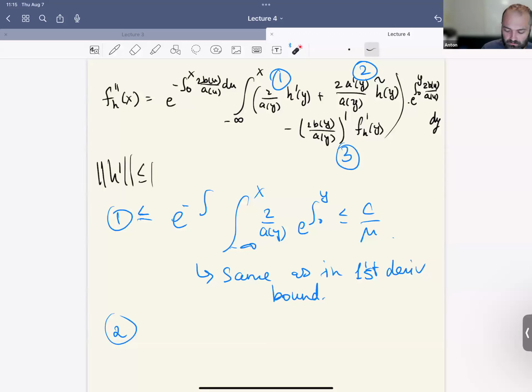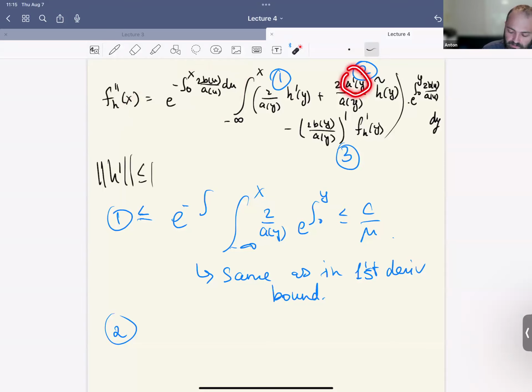Well, you would need to bound the ratio of a prime over a. Because the diffusion coefficient is an explicitly known parameter, it's exogenous, we don't have control over it, but we know it because we derive it. So hopefully this ratio should be bounded somehow. If it's not, we're in trouble, but hopefully it is. And then we're left with e to the negative integral.